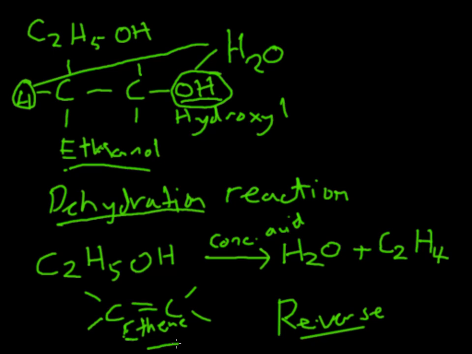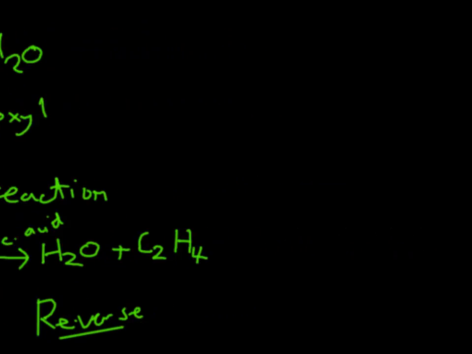So we're not producing ethene from ethanol at the moment. We're actually doing the opposite. So this is one of the major ways that we produce ethanol. So we start with C2H4, and then we use that to produce ethanol.